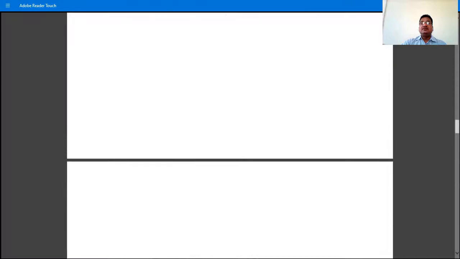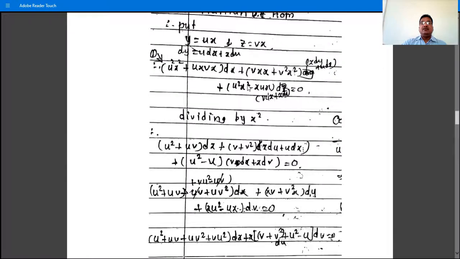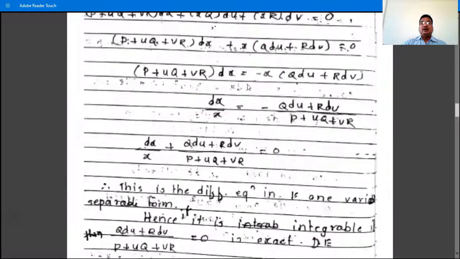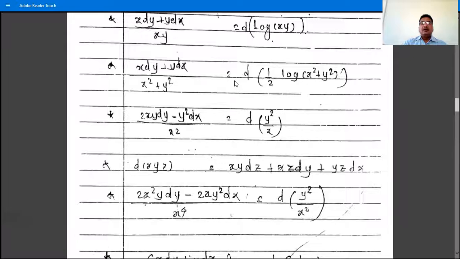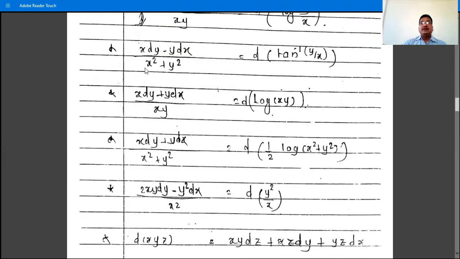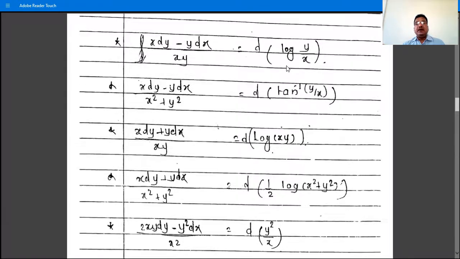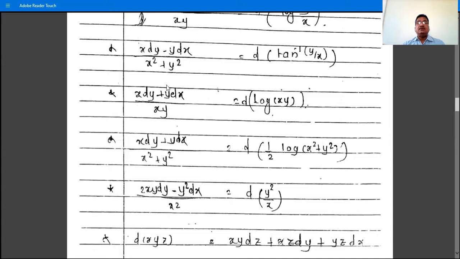We use the tricks. We already solved this: (x dy − y dx)/(x² + y²) is the derivative of tan⁻¹(y/x).